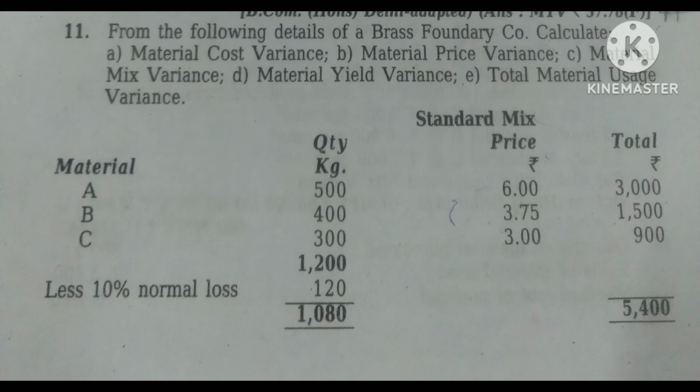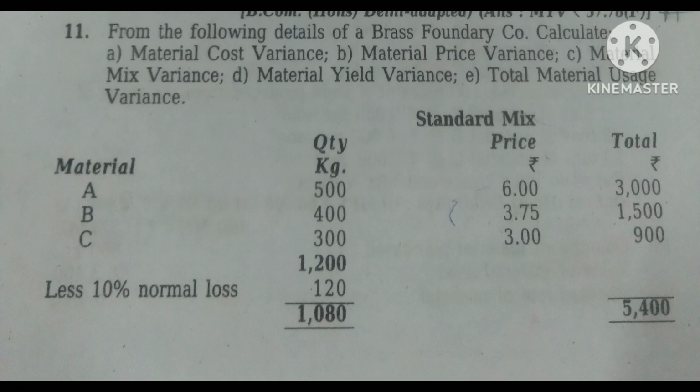For standard mix, he has given material A quantity is 500, price is 6 rupees and the total is 3000. For material B quantity is 400, price is 3 rupees 75 paisa and the total is 1500. For material C quantity is 300 and the price is 3 rupees and the total is 900. By totaling the quantity, he has got 1200 and he has subtracted normal loss 10%.